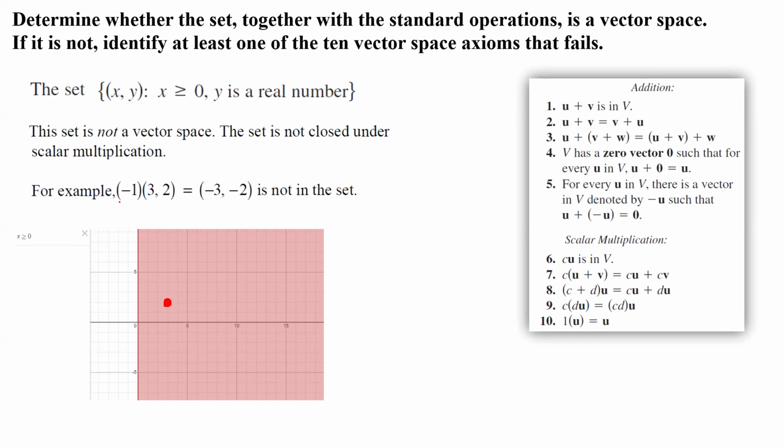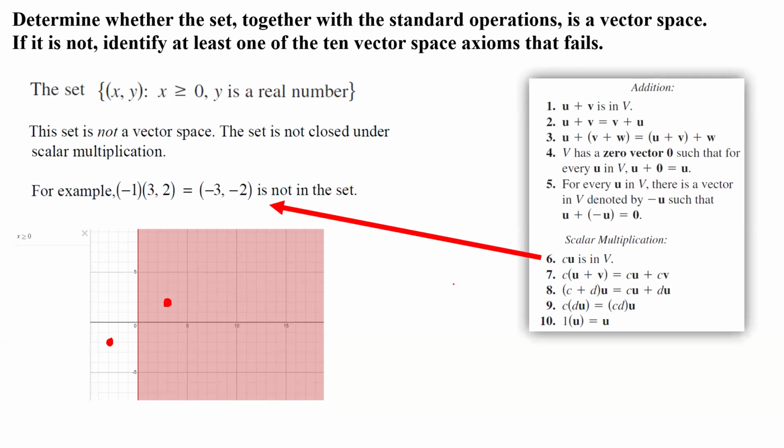If I multiply it by negative 1, I get (negative 3, negative 2), which is basically a point here. But as you can see, this point is outside the shaded region. This point is not in this space. So basically, c times u is not in V. It's not closed under scalar multiplication. So this is not a vector space.